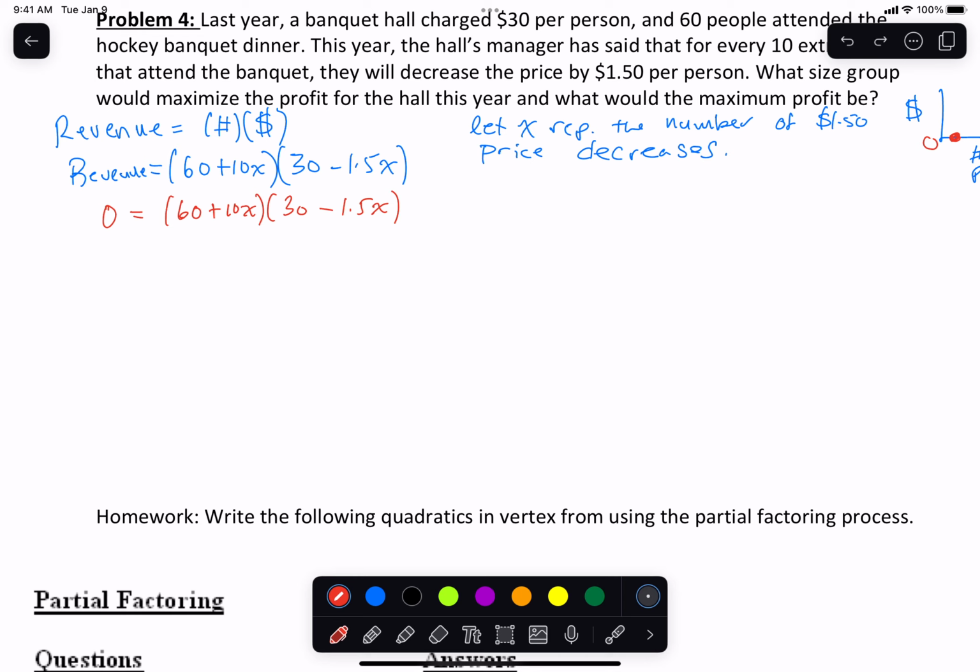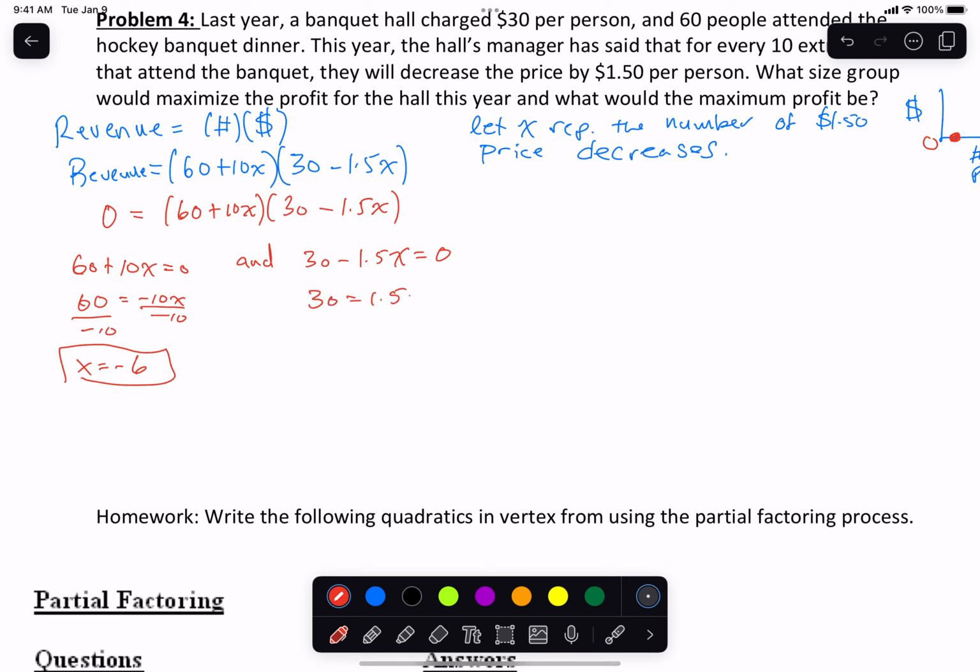So this means 60 plus 10x has to equal 0, and 30 minus 1.5x has to also equal 0. So 60 is equal to negative 10x, and 30 is equal to 1.5x.